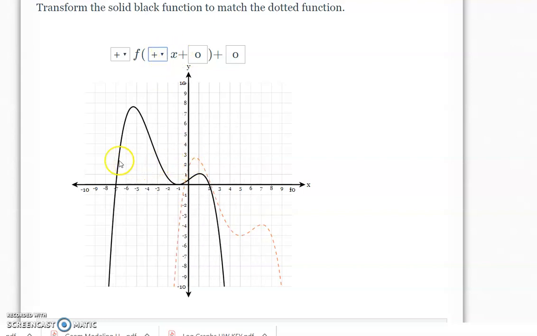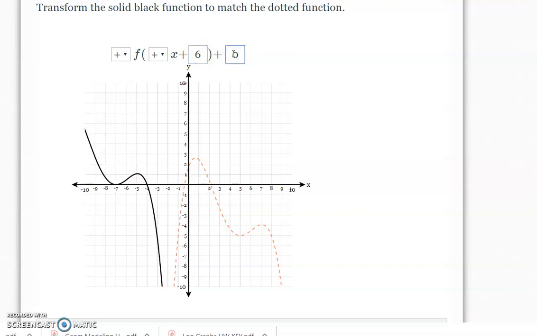Okay, so this needs to move basically just right and down. Like if I wanted to go right, let's say this point needs to go 1, 2, 3, 4, 5, 6 to the right. If I say +6, remember, it's going to go 6 to the left. So I need to say -6.